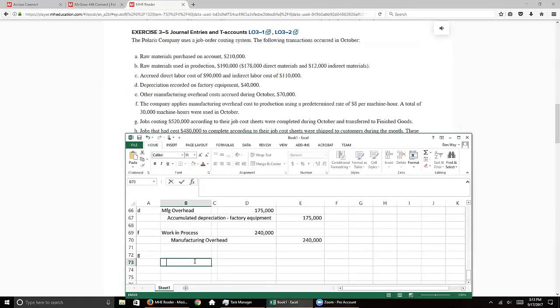So I have to move the costs associated with them out of work in process. So in this case, $520,000 in jobs are now finished. So I'm moving their costs out of work in process with a credit there, and I'm increasing with a debit my finished goods account for that same $520,000.